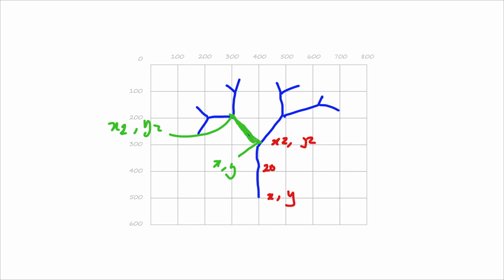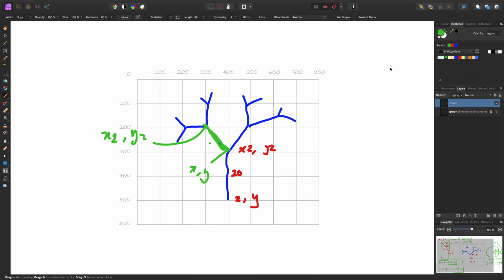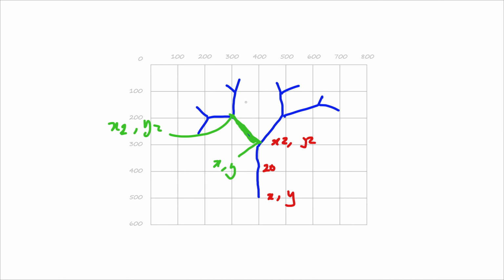There you go. And now we need to do two more smaller trees to the left and to the right. Where do those new trees start? Well, the new trees start at the end of that branch. There they are, two new trees. And they start at x2, y2, they don't start at x, y. So this tree started at x, y here, but these two start at x2, y2.